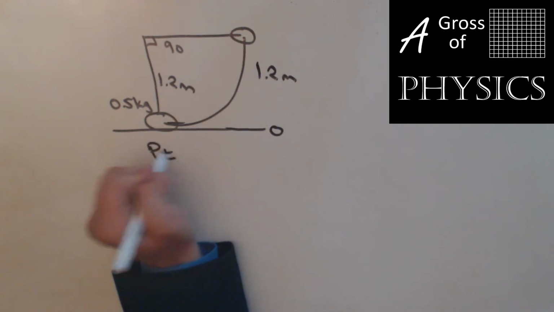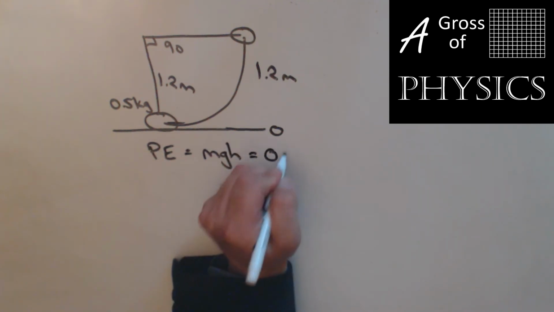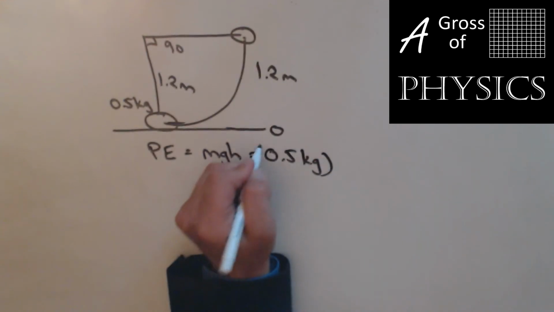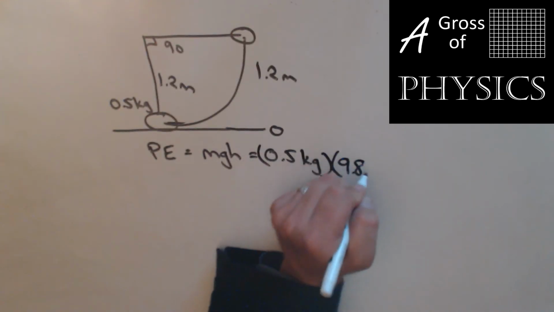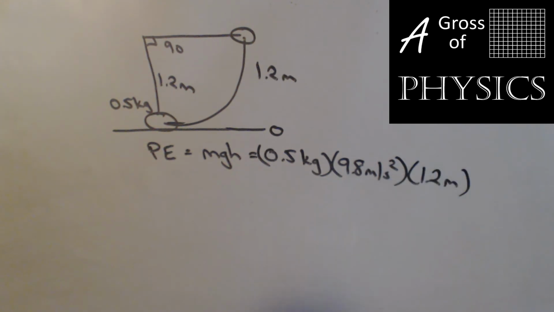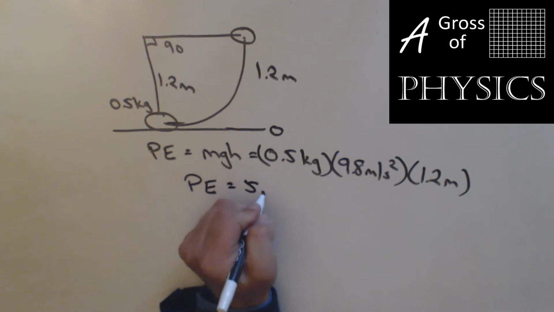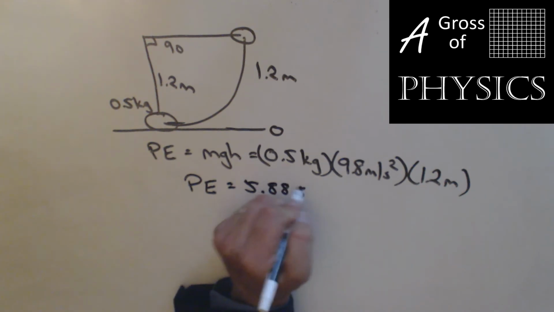So to find potential energy at the top, mgh, 0.5 kilograms times 9.8 meters per second squared times 1.2 meters. So 0.5 times 9.8 times 1.2 yields a potential energy of 5.88 joules.